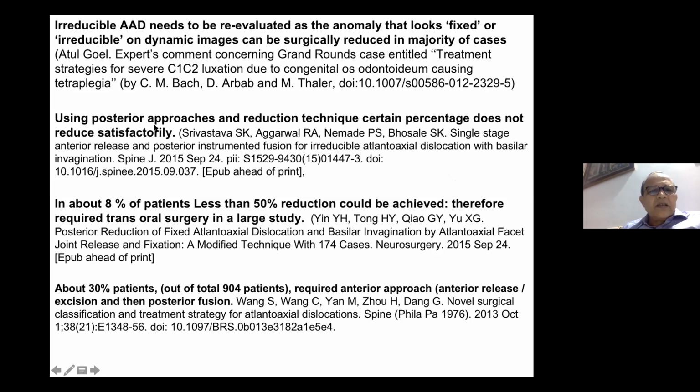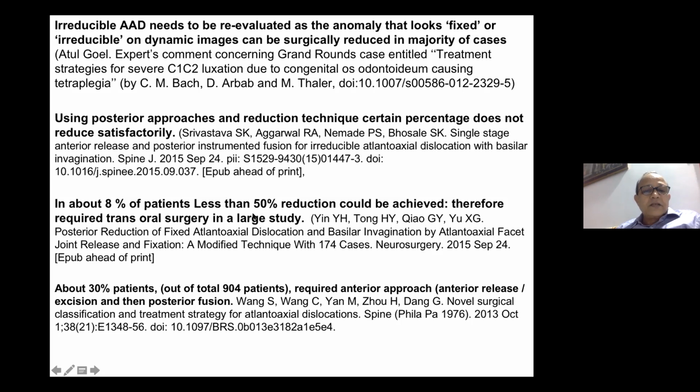In one large series by S.K. Srivastava et al., they found that using the posterior approach and reduction technique, a certain percentage does not reduce satisfactorily. In another series, they said that about 8% of patients had less than 50% reduction using this posterior approach. Therefore, they required a transoral surgery in that series, which was, I think, quite a large study.